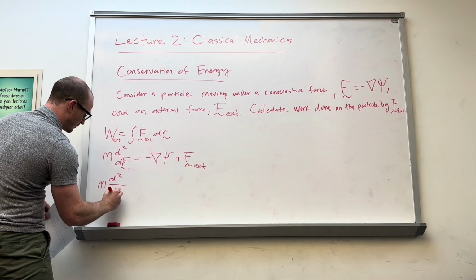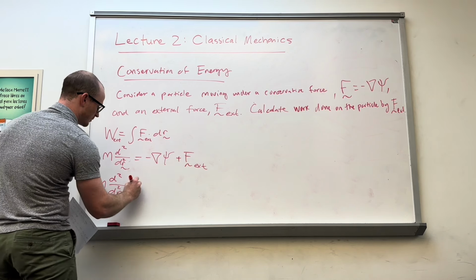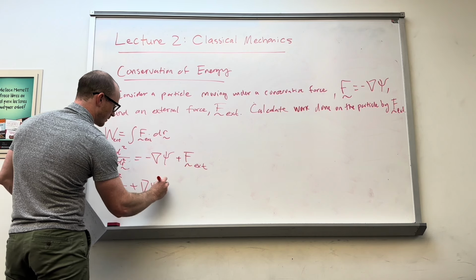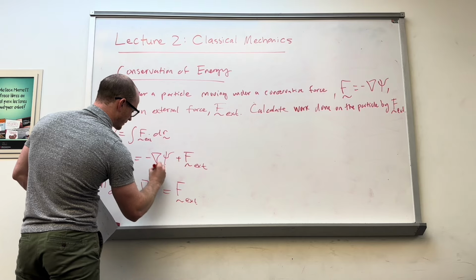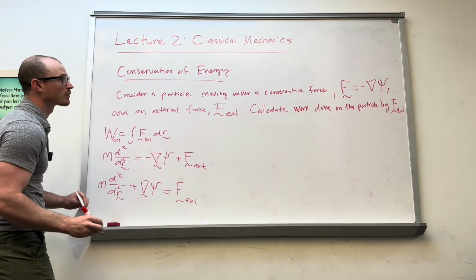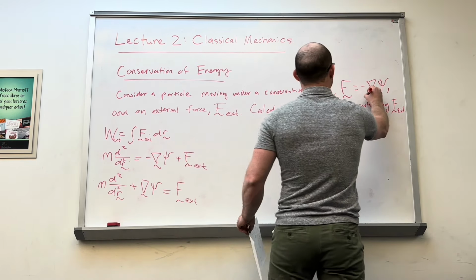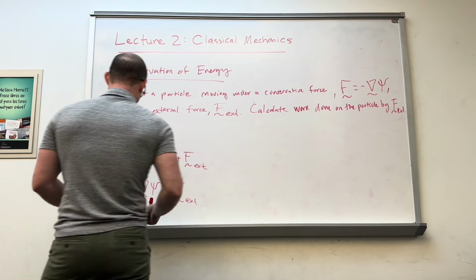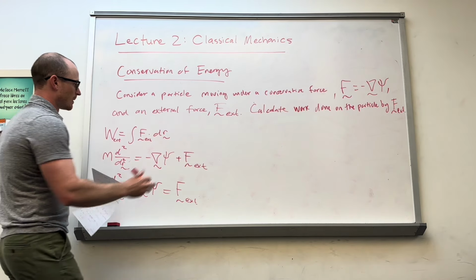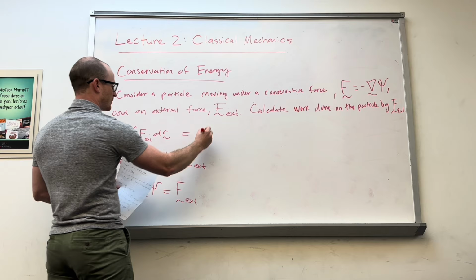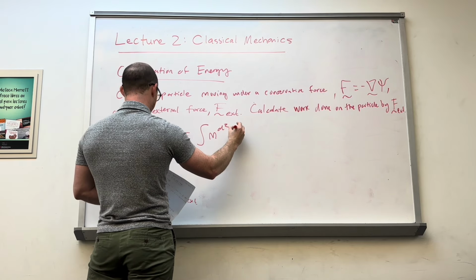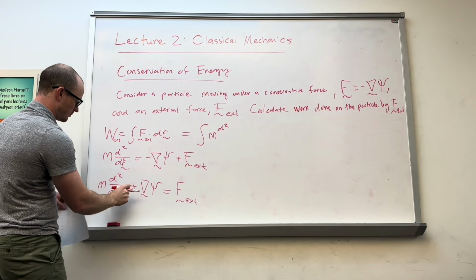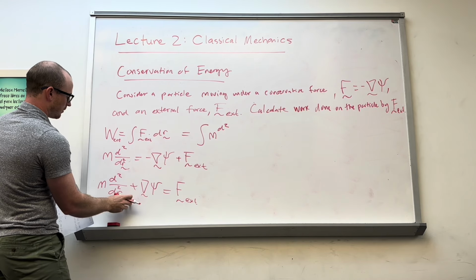simple addition here, F external. And of course, this is also a vector. I should make sure to write that. So we have this, plugging that in to our integral. We obtain m d squared, what am I missing?